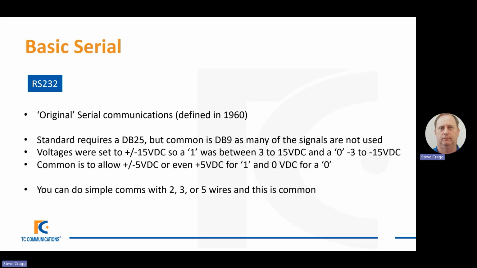So as you can see, although this is the RS-232 standard, it's actually not a standard whereby everything is defined and you can guarantee that something that says it's using RS-232 will communicate with another RS-232 device. You will need some further information, and we'll talk about that later.